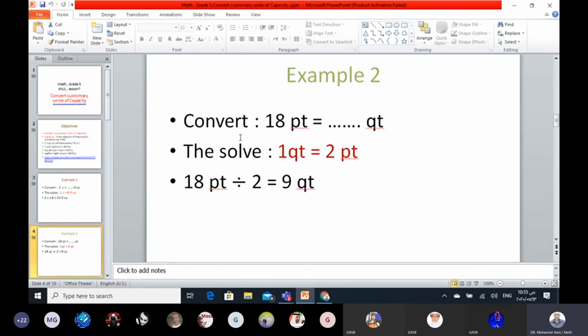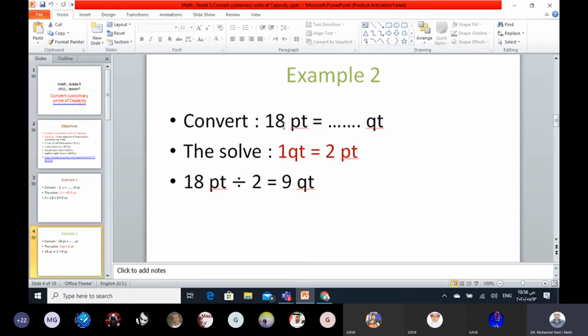Example 2. We want to convert 18 pints, or PT, to quarts. The relationship between PT and QT: 1 quart equals 2 pints. So QT is greater than PT, and here we want to convert from the small unit PT to the big unit QT.